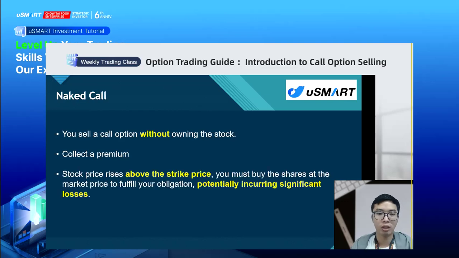So if the stock price rises above the strike price, then we as the sellers have the obligation to buy the shares from the buyers to fulfill our obligation, potentially incurring significant losses as it has unlimited loss.